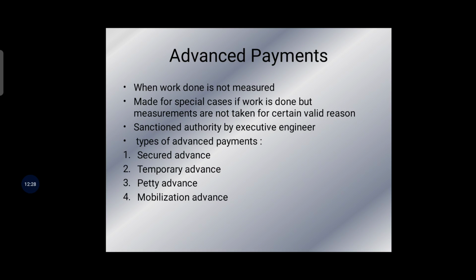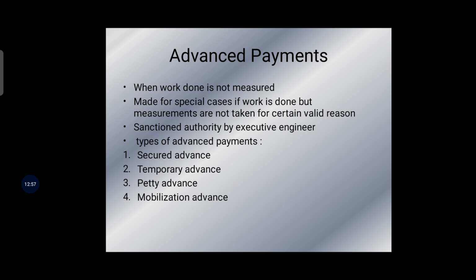Now the next one is advance payments. Such payments are made in cases where work is done but not measured. Advance payment is made in special cases where work has sufficiently progressed but measurements cannot be taken for a certain valid reason.